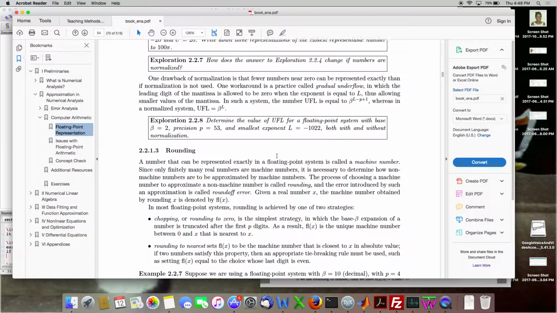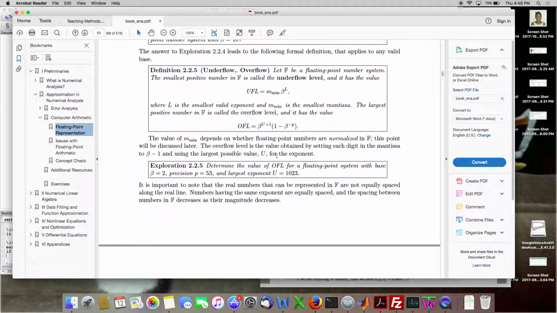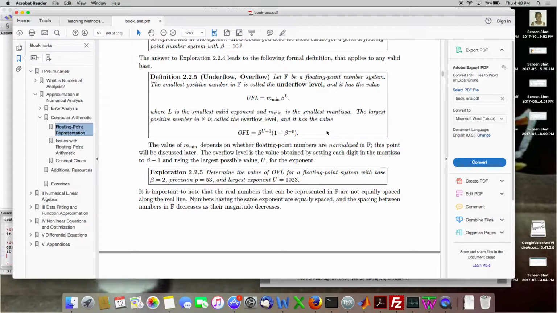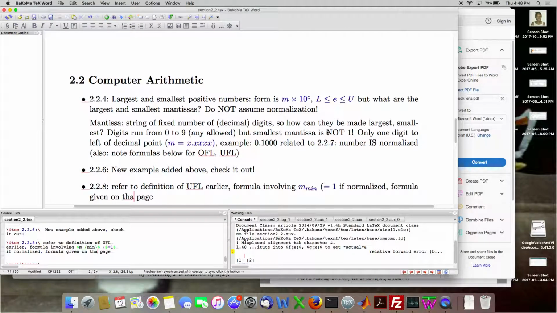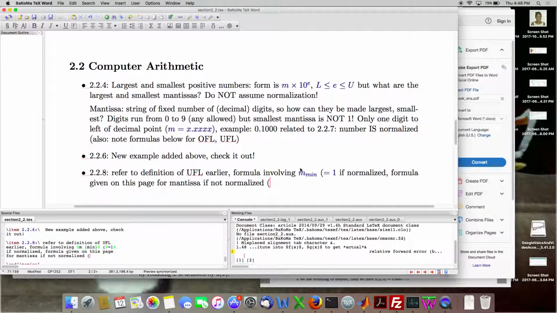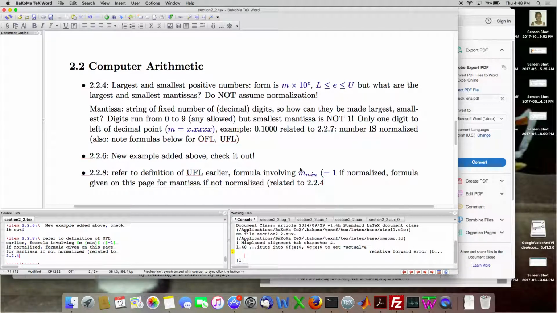Let me make sure. It says on this page where the problem is: the mantissa if not normalized. And this is related to 2.2.4. What was the smallest mantissa in that case?